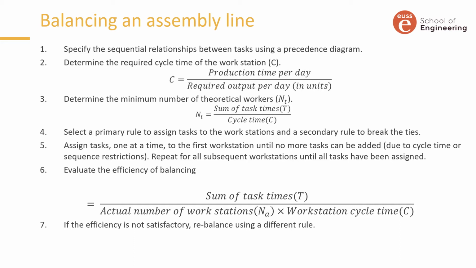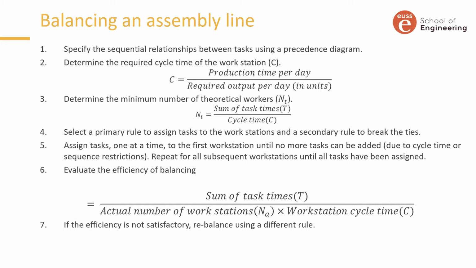Point 6, evaluate the efficiency with this formula. Division of sum of task time by actual number. So when we do the assignment, we'll see what is the number of the workstations, the actual. The other one that we had in point 3 was the theoretical, but maybe the actual, the real number of workstations could be more than that.